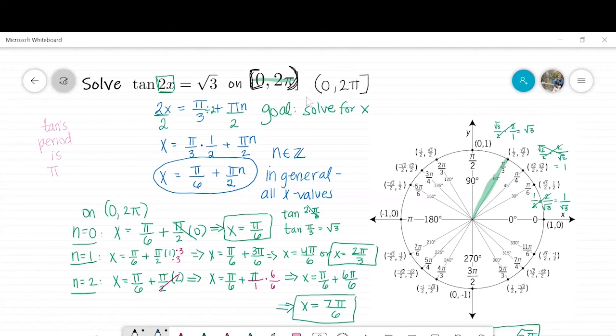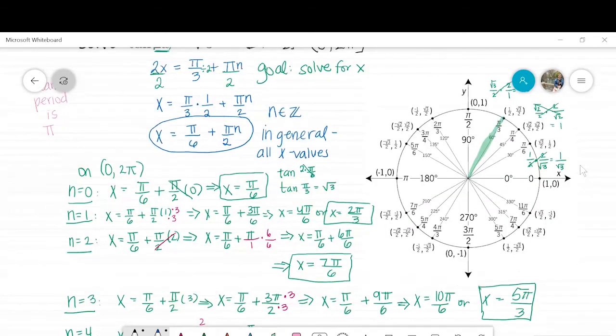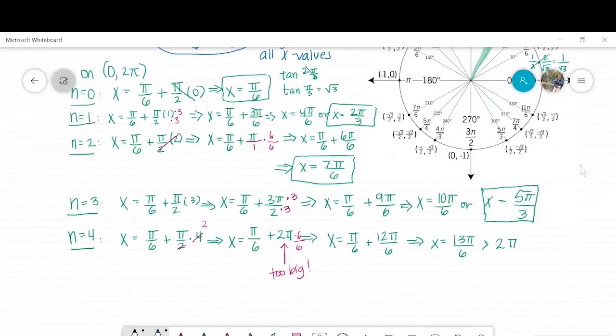Okay, so we end up with 4 answers, 1, 2, 3, 4, and let me write them out. So our solutions on that interval from 0 to 2 pi, I just copied it wrong in my original question. I will definitely fix that for future ones.